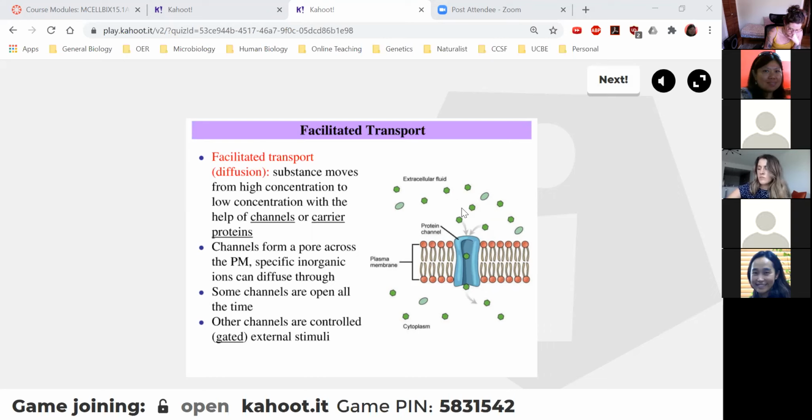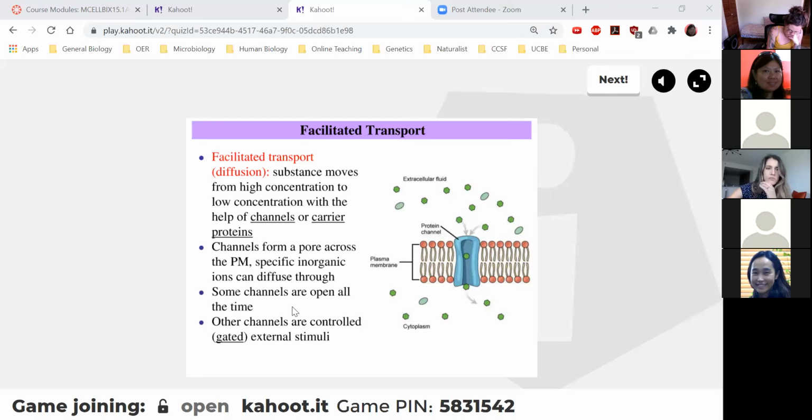Diffusion basically means going from high to low concentration. Because it's energetically favorable, it doesn't need you to input a lot of energy. It doesn't really need ATP, and it is a passive transport. That sets it apart from active transport, where you have to put in energy.